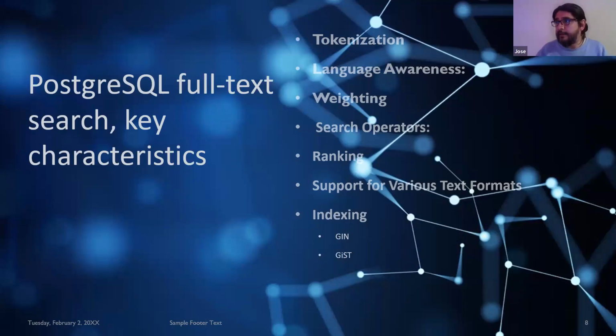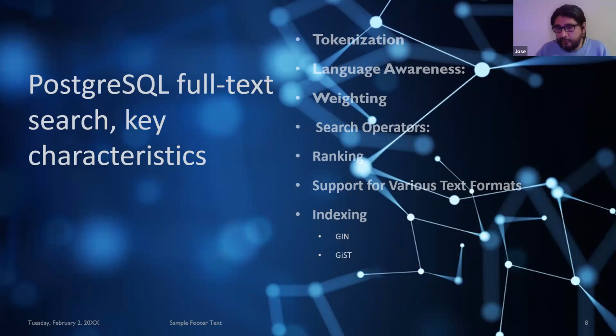And well, the last key characteristic, which is also a little bit different from Apache, is the type of indexes that you're using. You have two types of indexes, which are GIN and GiST.